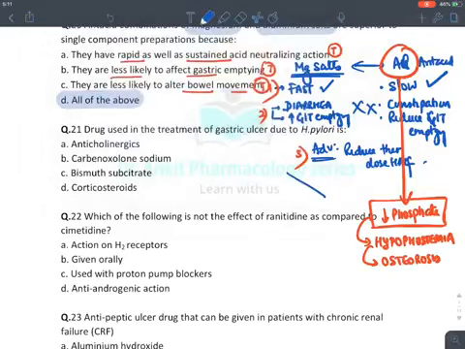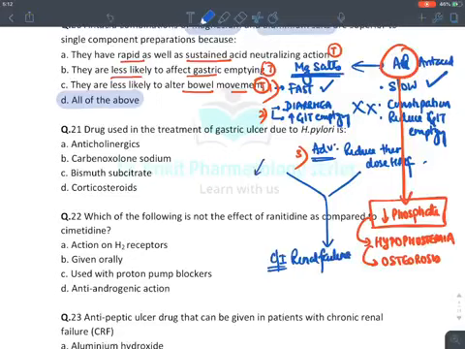Now remember, both these magnesium and aluminium salts should not be given in renal failure. The reason is magnesium in renal failure, the level will increase, which can produce cardiac arrhythmias, and aluminium, if the level increases, produces encephalopathy. It may damage brain.